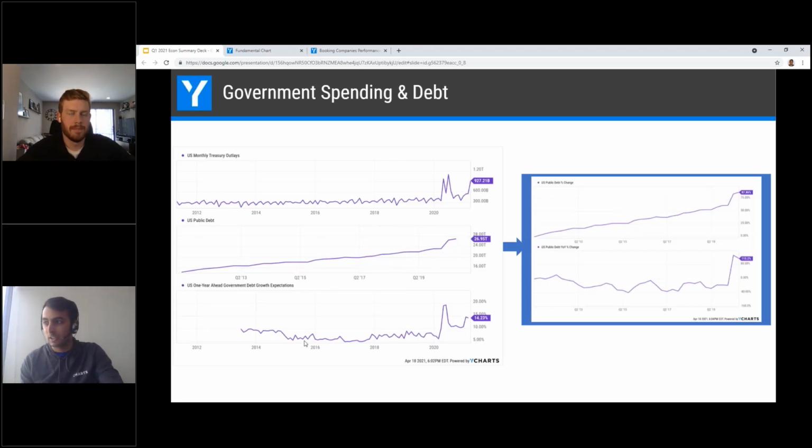So debt is increasing, and also just the overall expectations of what debt's going to grow by. It definitely increased in 2020, and we're seeing another upbeat increase right here in 2021 as we're seeing more and more stimulus come into the economy.